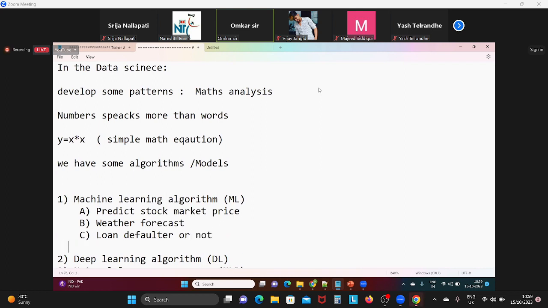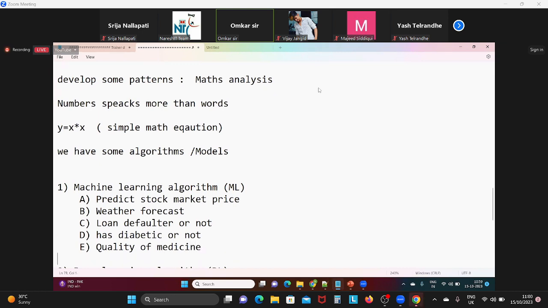Or whether a person has diabetes or not, like disease analysis, or finding the quality of medicine. These kinds of use cases generally fall under machine learning algorithms.